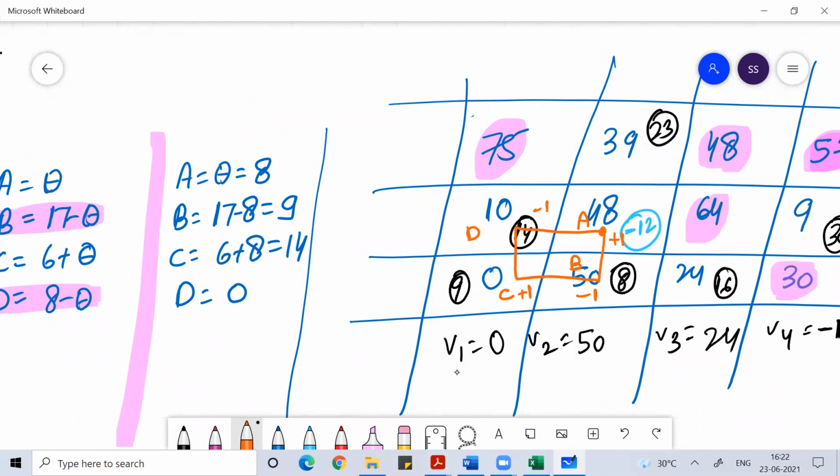So theta would be 8 only, because A is theta, B is 8 minus theta, 9 plus theta, 14 minus theta. Out of x minus theta, the lowest value is 8 only. So theta would be 8.